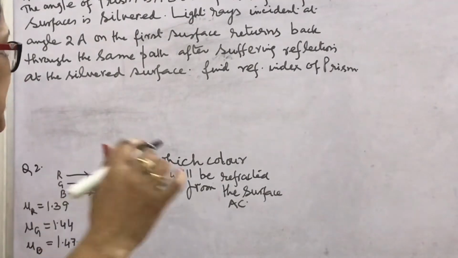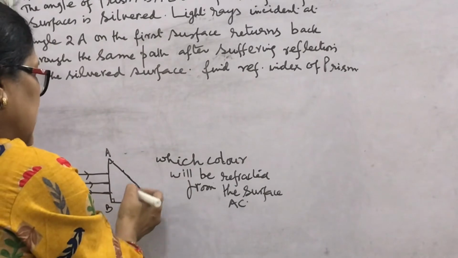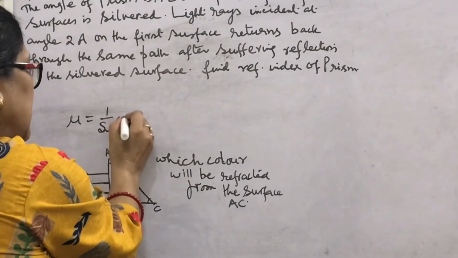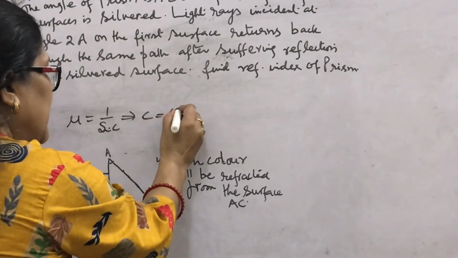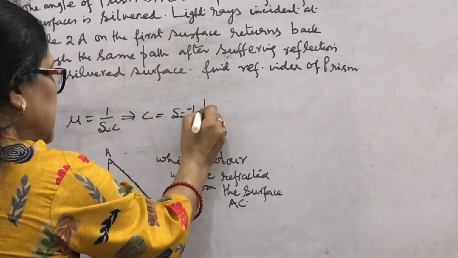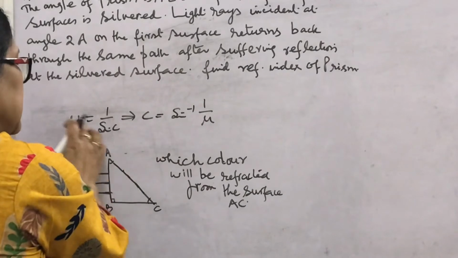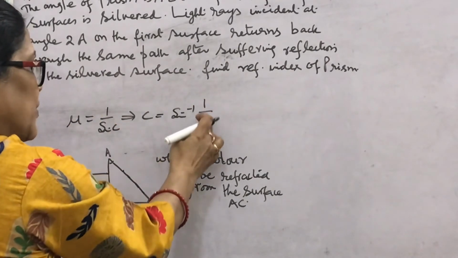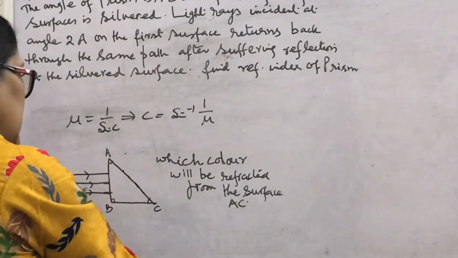You know the relation for refractive index as mu equal to 1 upon sin C. This implies that C will be sin inverse 1 upon mu, because sin C will be 1 upon mu. Calculate these values.